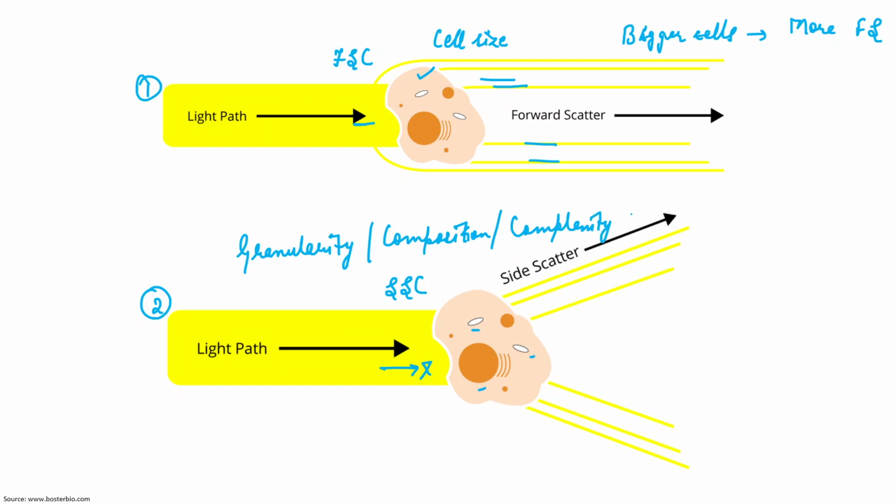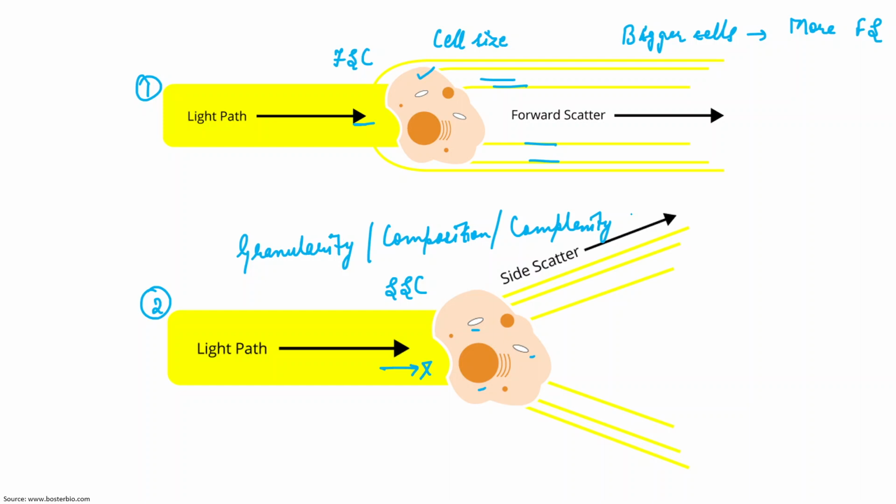Your leukocytes are going to have a different kind of composition and granularity. Your erythrocytes are going to have a different kind of composition. On the basis of the composition of each type of cell, side scattering will take place.